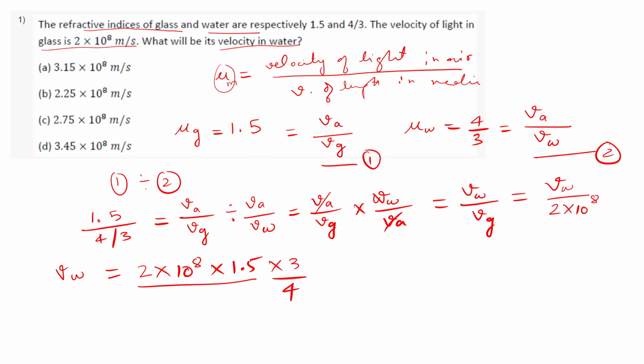When we solve this, two times 3 times 1.5 divided by 4 is 2.25. It will be 2.25 times 10 to the power 8 meters per second. This will be the velocity of light in water. B is the correct option.